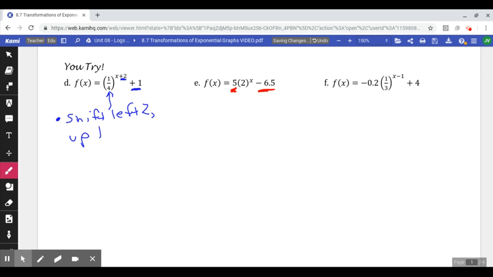The 5 is being multiplied by 2 to the x, and 5 is bigger than 1. So this is going to be a vertical stretch. Some people would also say narrow by a factor of 5. The minus 6.5 not being up by the x in the exponent position is going to be a vertical shift. In this case, the shift will be down 6.5. So you could write shift down 6.5.